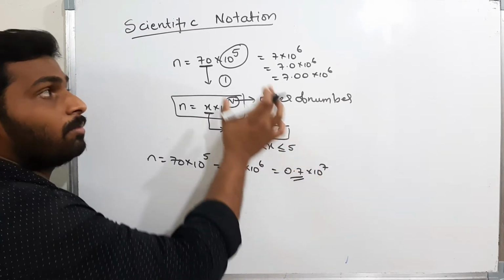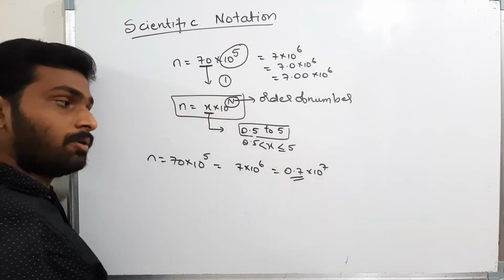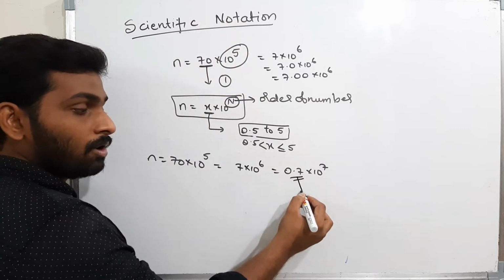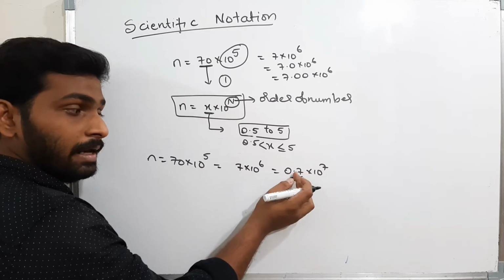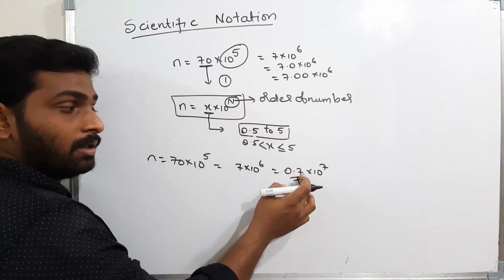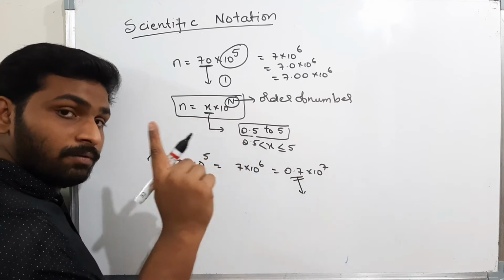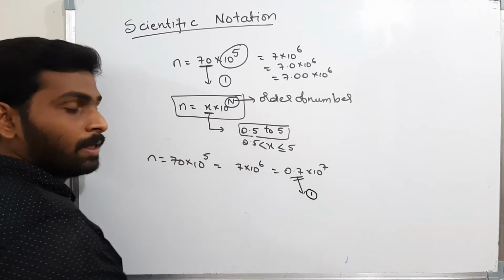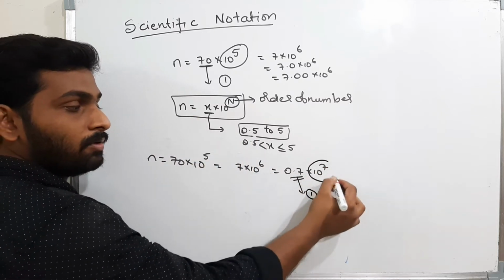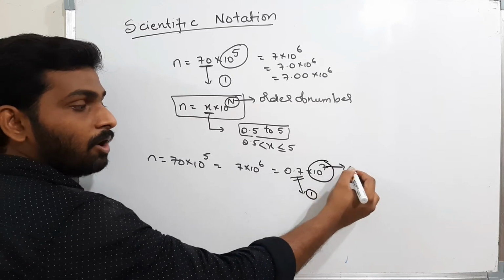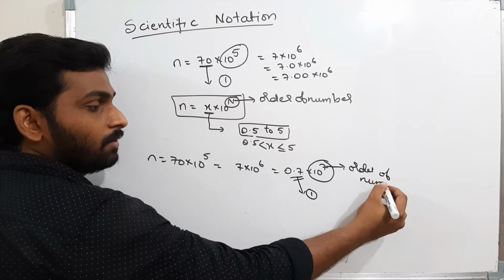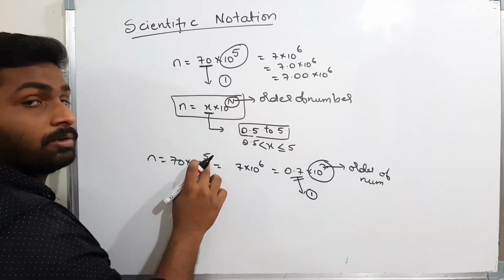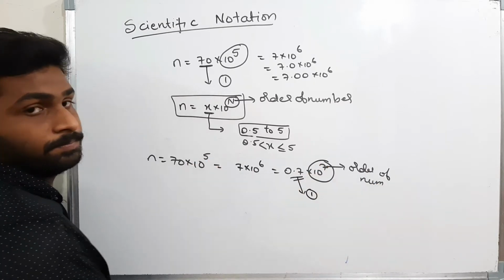Therefore I wrote it in scientific notation form. Very good. Now count the number of significant figures for this. Left side zeros are not counted, and the 7. Therefore the number of significant figures is only 1. Now this 10 power 7, this 7 gives me the order of the number. Therefore the order of this number is not 5. The order of this number is 7.